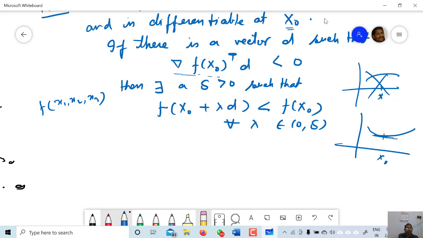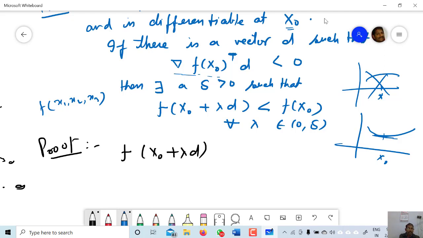Now I am going to prove it. Since f is differentiable at x0, we have f of x0 plus lambda d, because it is differentiable.